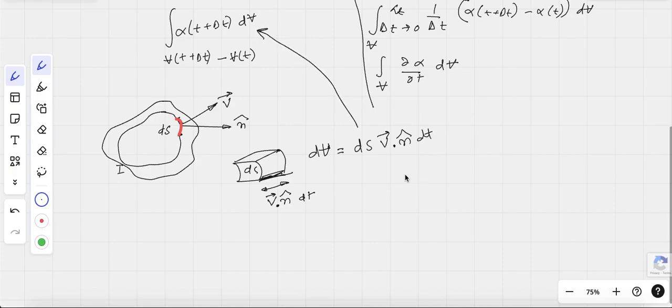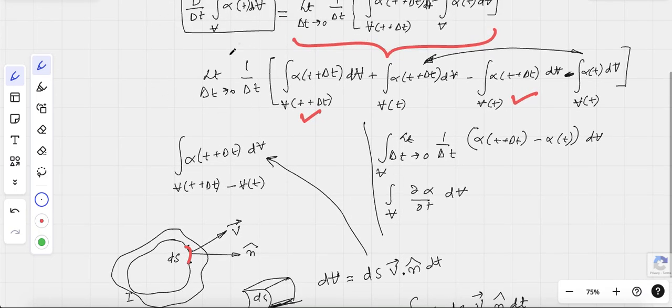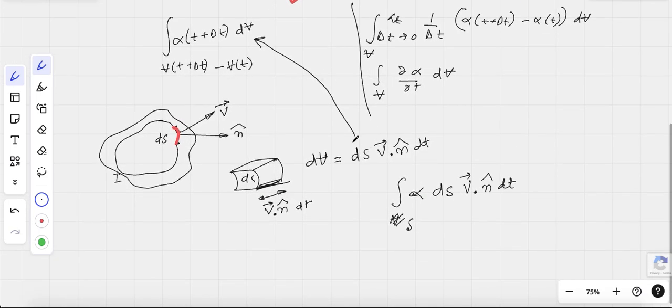So if you substitute this over here, what we will get is alpha. Now this V can be changed into S, right? This will be a surface integral now. Alpha dS, and we should remember that we had a limit over here, right?